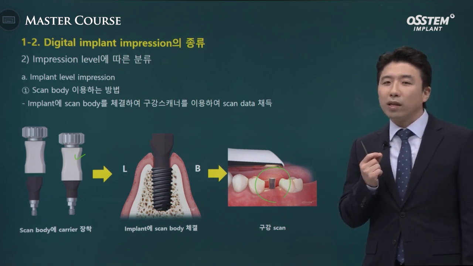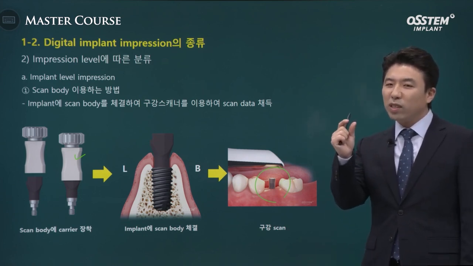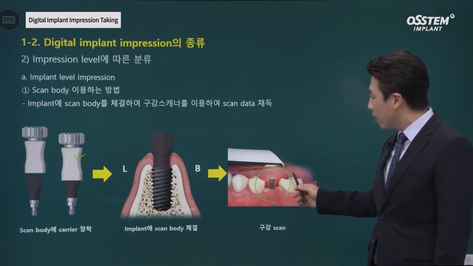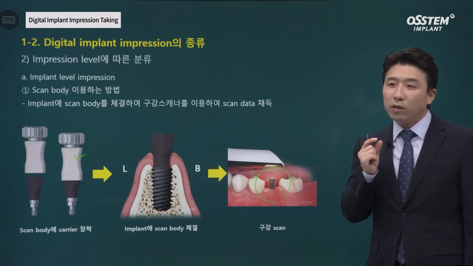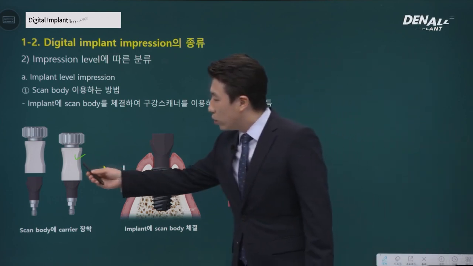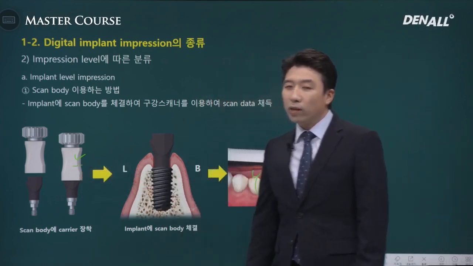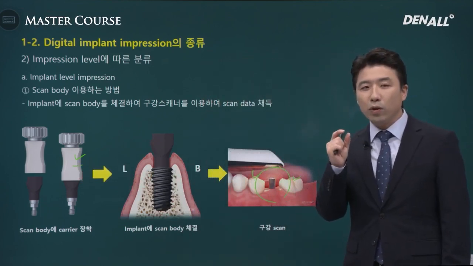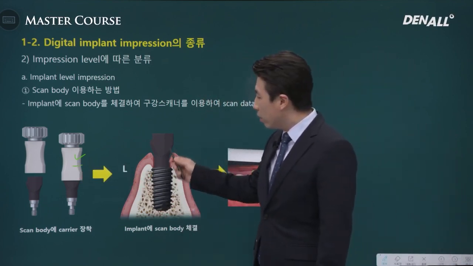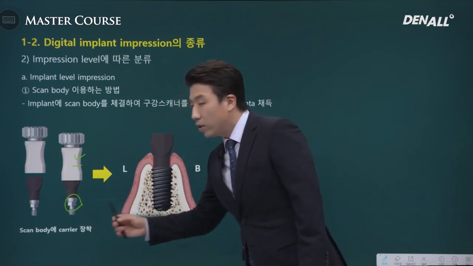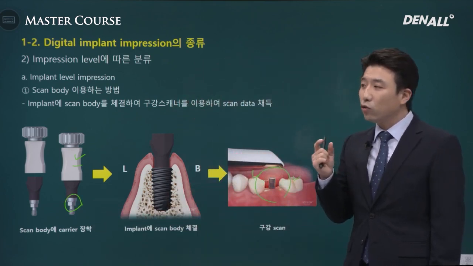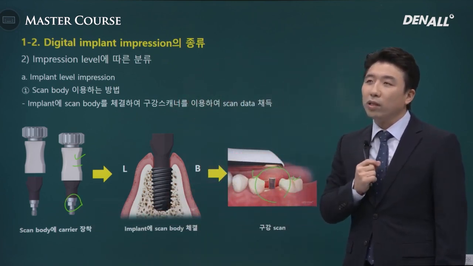The scan body is very small, and when it is connected, the adjacent teeth would be interfering, so the process of connecting is rather challenging. So this carrier is used to transfer the scan body. Using the carrier, the scan bodies are connected to accurately position the hex position. So using this kind of component would be helpful.